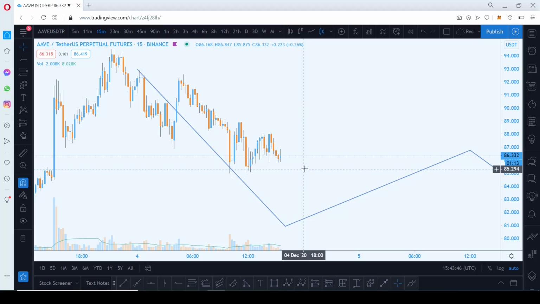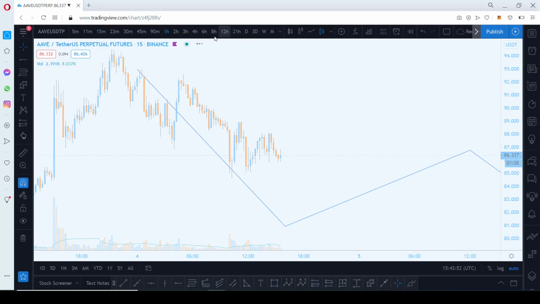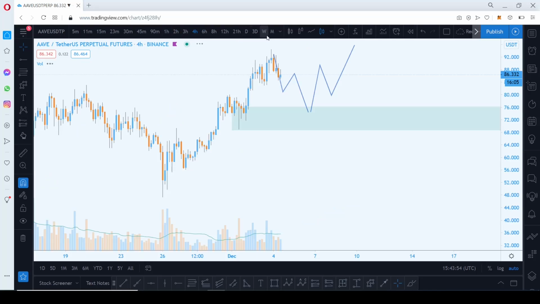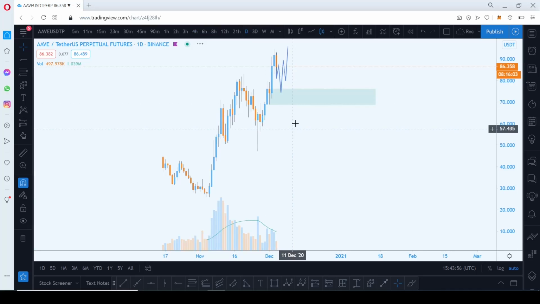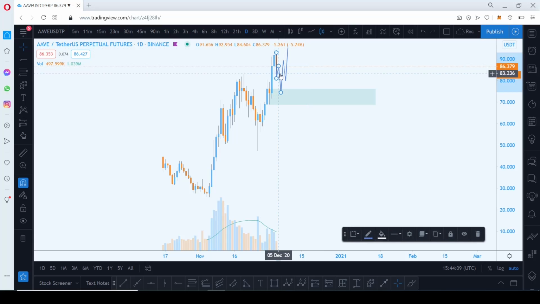So using the 15 minutes will give you a quicker entry than the 1 hour or the 4 hour. But you are still trading the daily time frame zone, so you want your exit target to also be a daily time frame exit. Now that is one way you can enter on multiple time frame analysis using a break of structure.